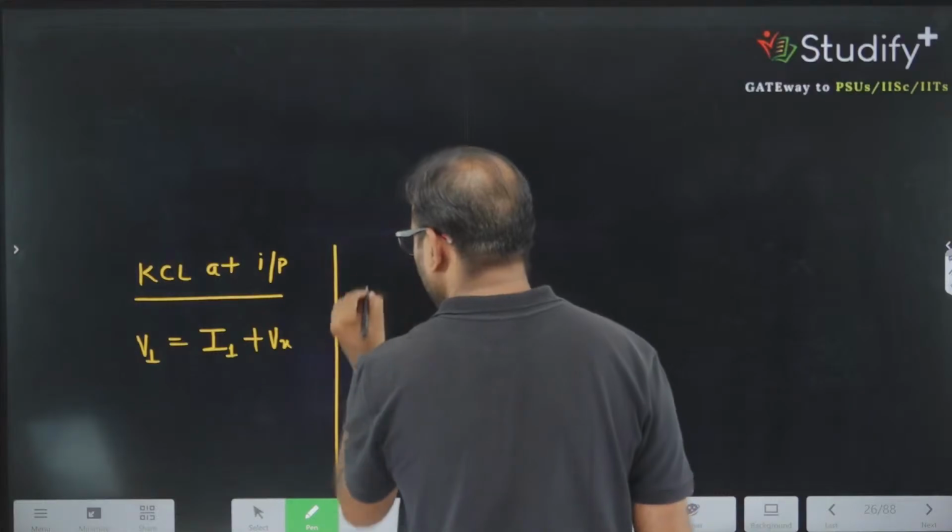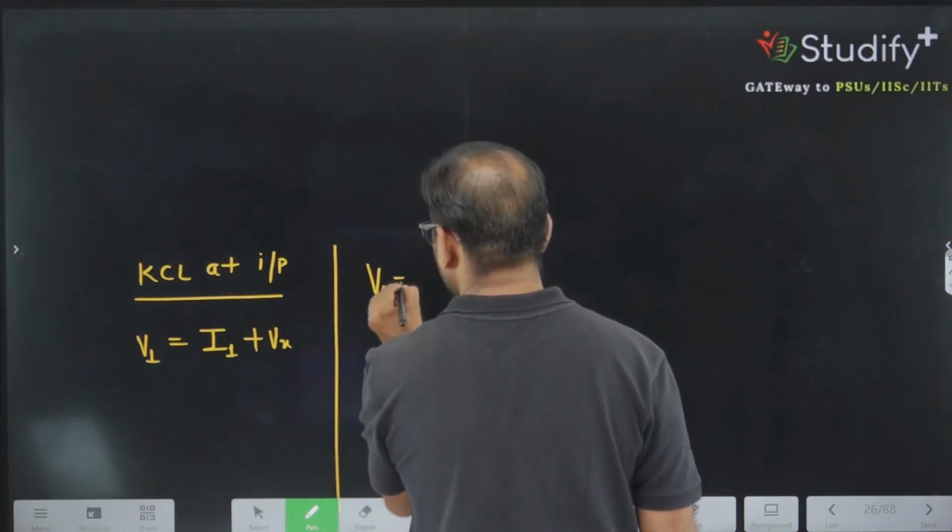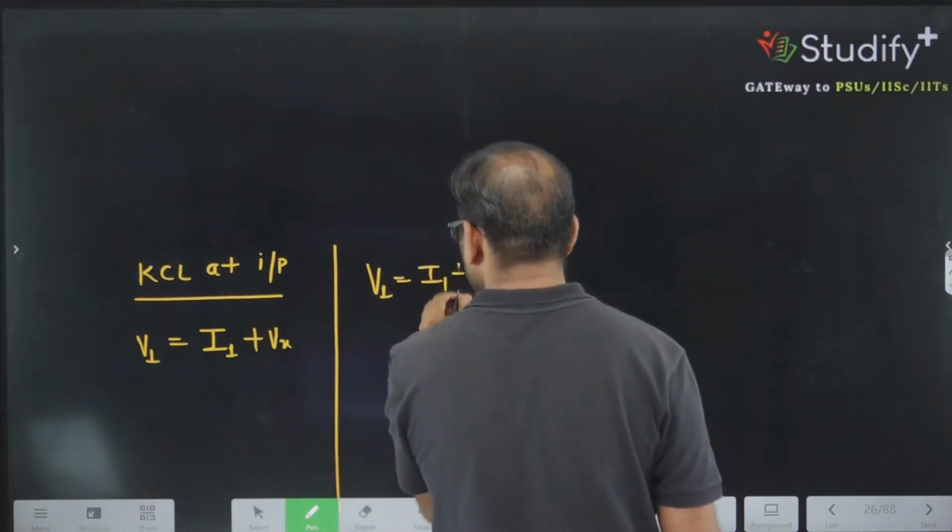And we know the value of Vx. So V1 is equivalent to I1 times 1 plus Vx.